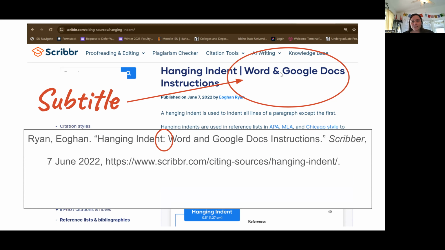Another thing I noticed, I didn't even add a slide about this: there's an ampersand, but I went ahead and changed it to the word "and" because that's more correct in a citation format. So when you have a subtitle, you separate the title and subtitle with a colon.